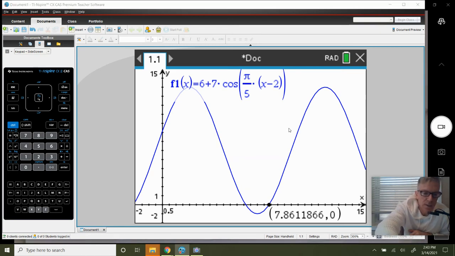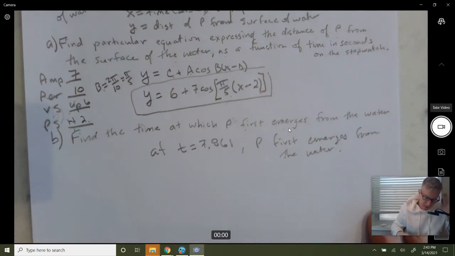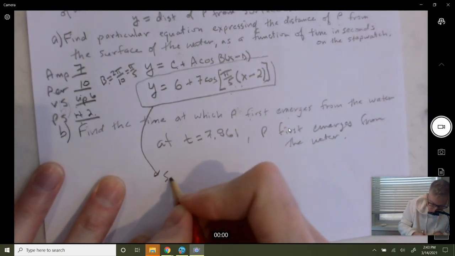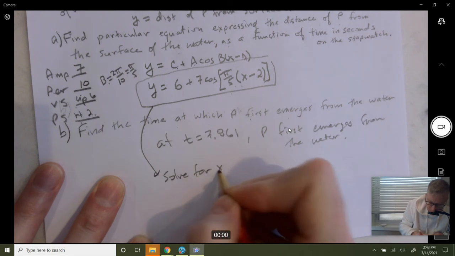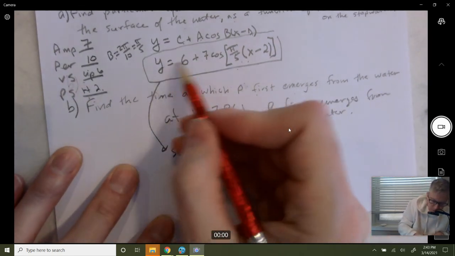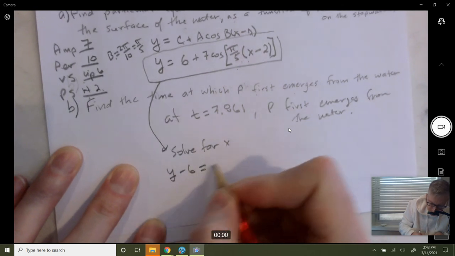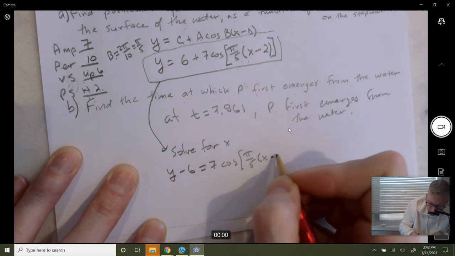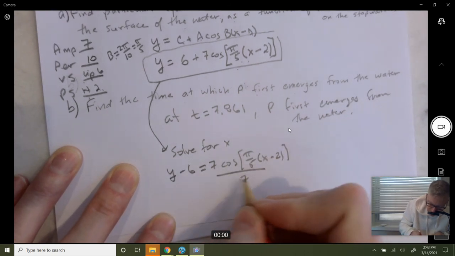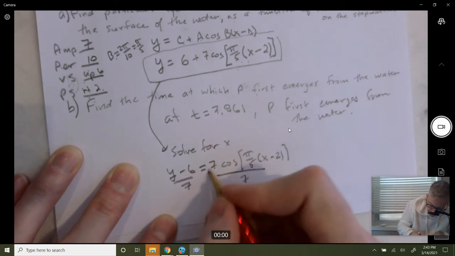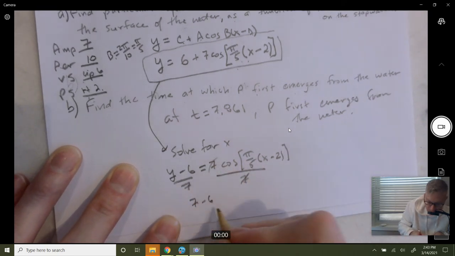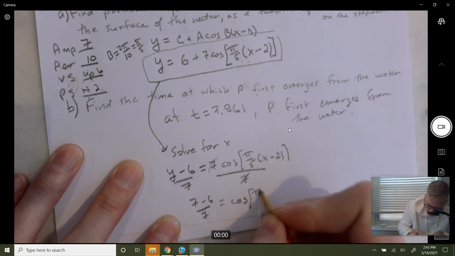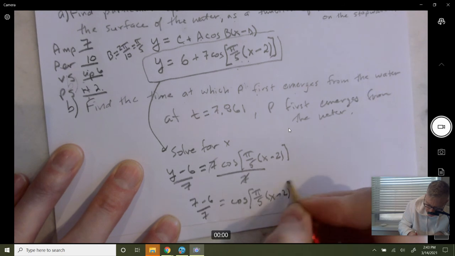All right, and just for fun, I know this question doesn't ask this, but what if we needed to solve this thing for x? Get the x by itself. Well, you'd subtract 6 from both sides. y minus 6 equals 7 cosine of pi over 5 times x minus 2. Divide both sides by 7. 7's cancel. y minus 6 over 7 equals cosine of pi over 5, x minus 2.